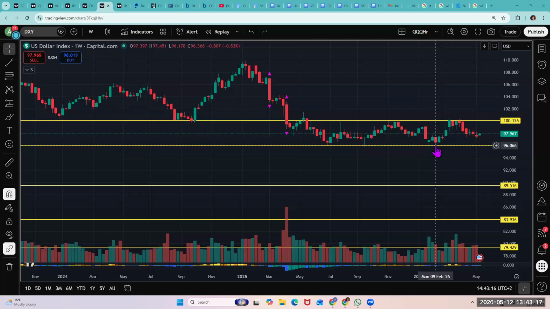Retested that level, and this is what you often find when price approaches a key level, and you get the volume coming in, as we see here on the bottom of the hammer candle. You will get a reaction, but it will often retest it, and the volume underneath it was okay, not fantastic.